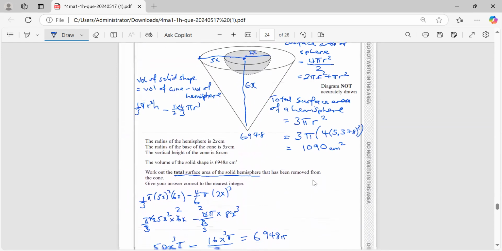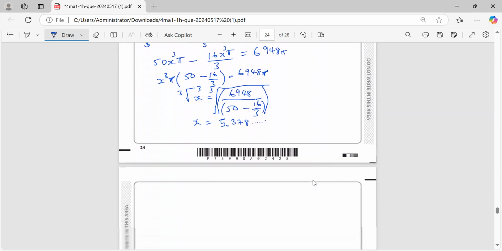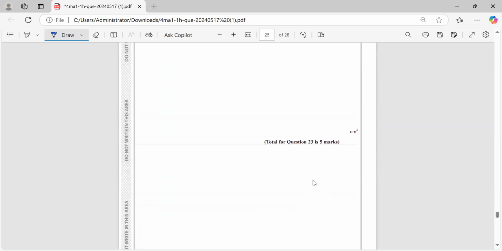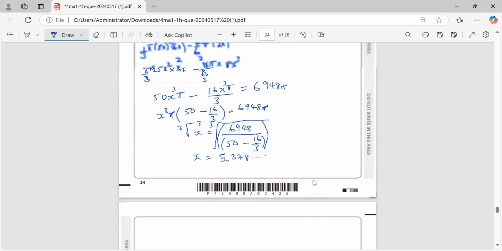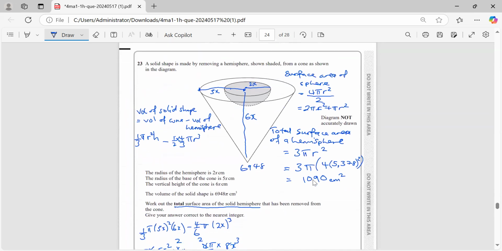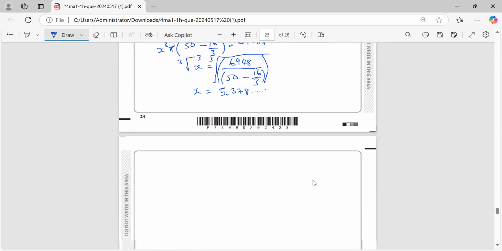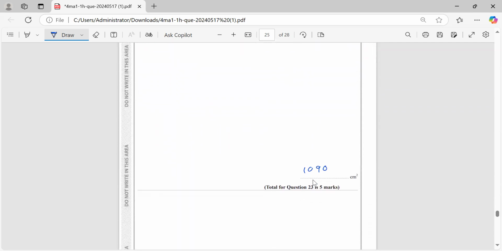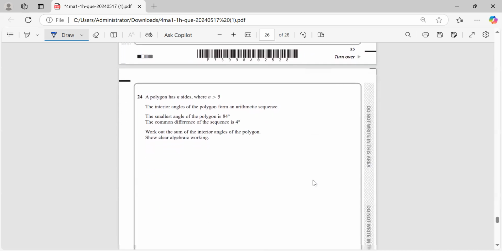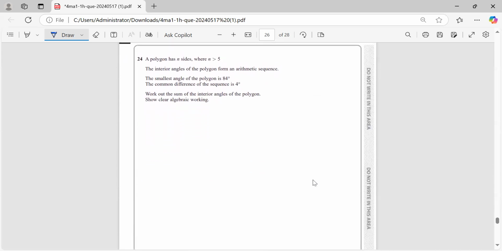Of course, you write 1090 here, because that's where you always have to put your answer. In an exam, you have to make sure that you show all the working. That's why they give you all this space, so that you show them all the working. So let's move on to question number 24.